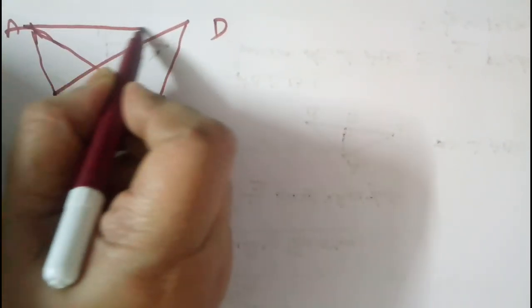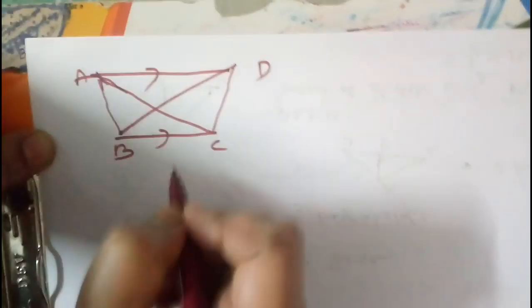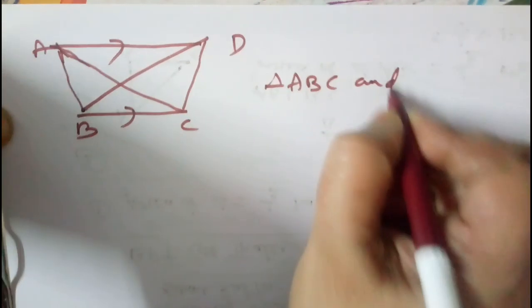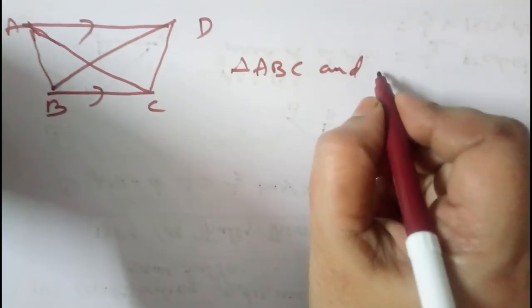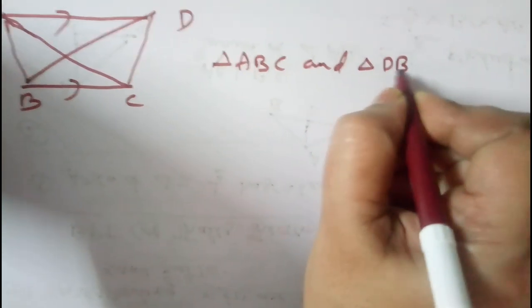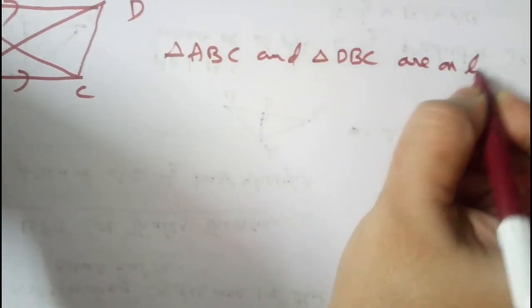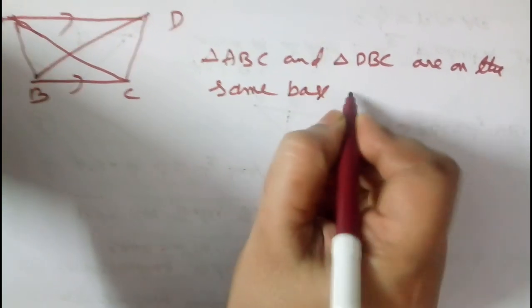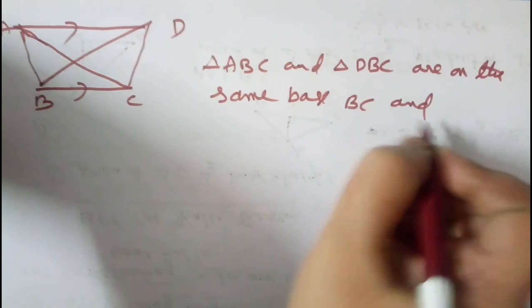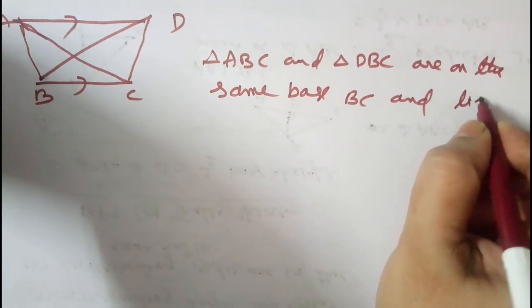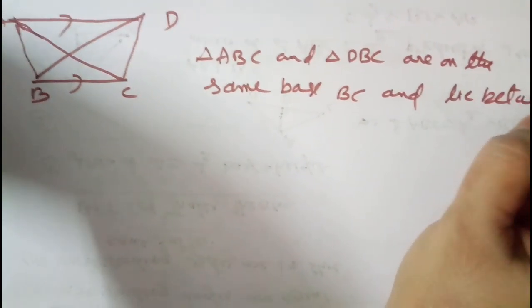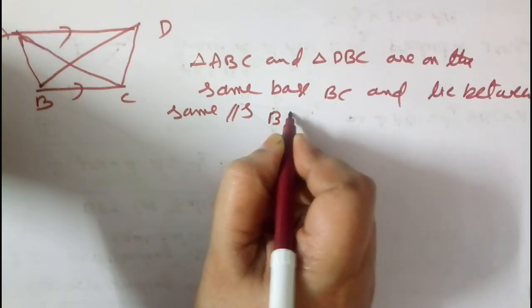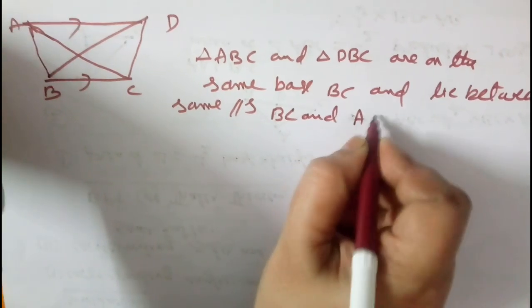These two triangles are on the same base BC and lie between the same parallels BC and AD.